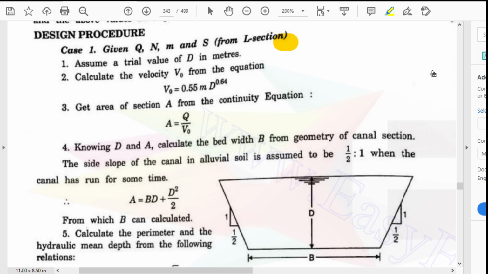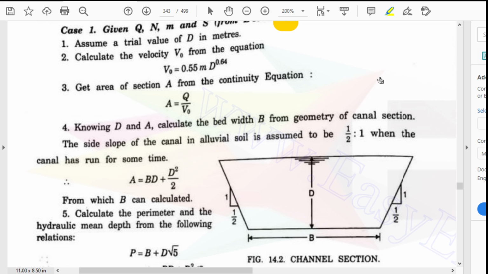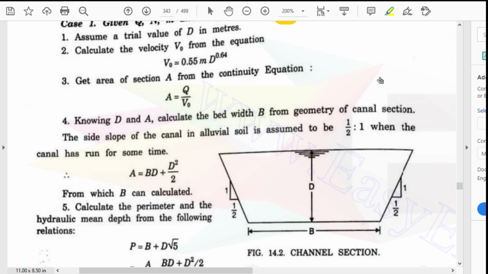So Q equals A V. Use that equation of continuity and find out the area of cross section A. Here it will be the third step of your procedure. A equals Q divided by V naught. Okay, now the fourth step is, up to this you will have the value of D and area.